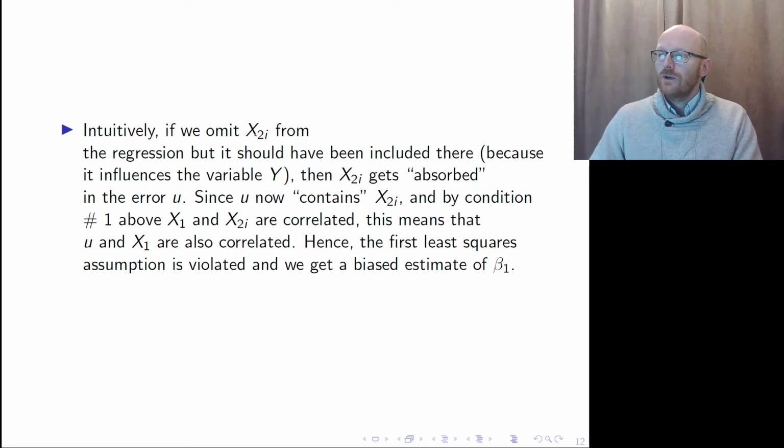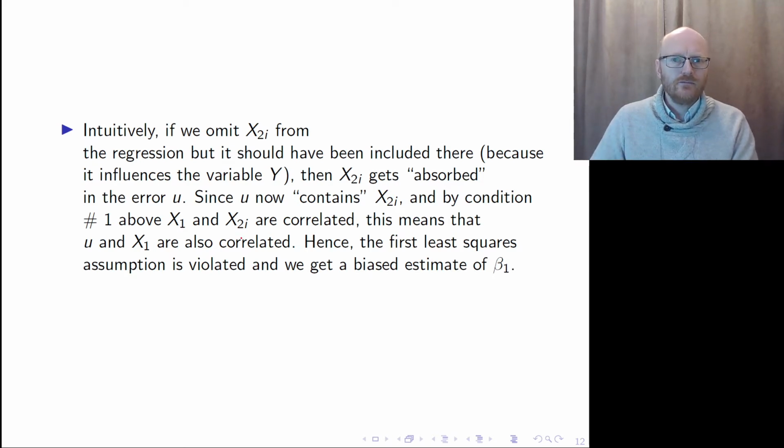So if we omit the x2 variable from the regression, but it should have been in the regression, then the x2 variable gets absorbed in the population residual u.